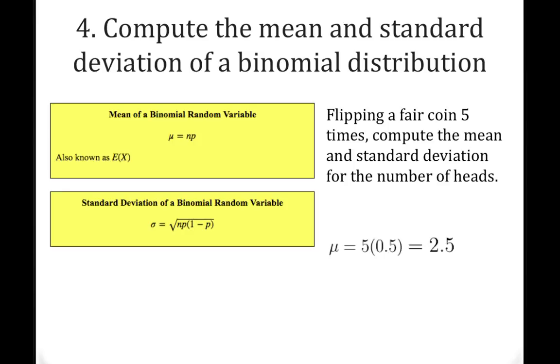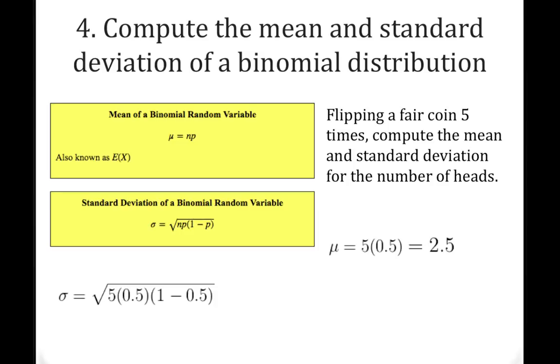In other words, if we were to repeatedly flip a fair coin 5 times, record the number of heads, 5 more times, record the number of heads, and so on, the average number of heads per set of 5 flips is 2.5.